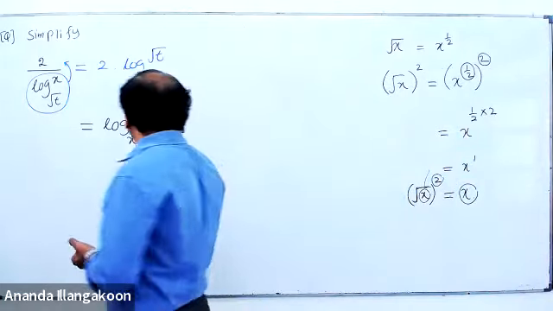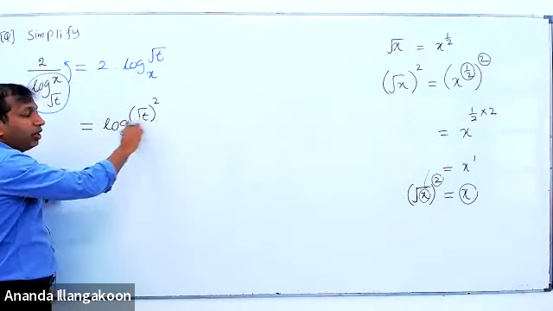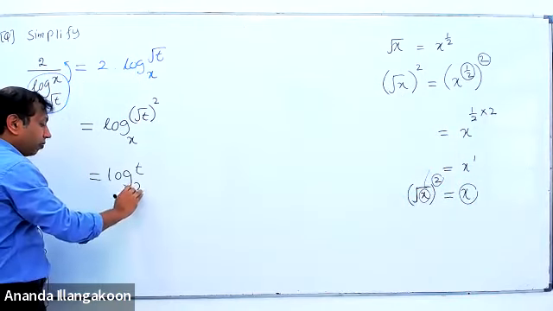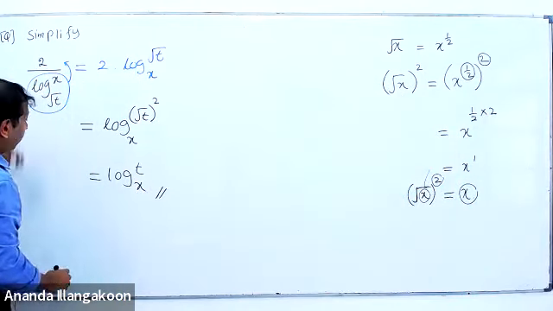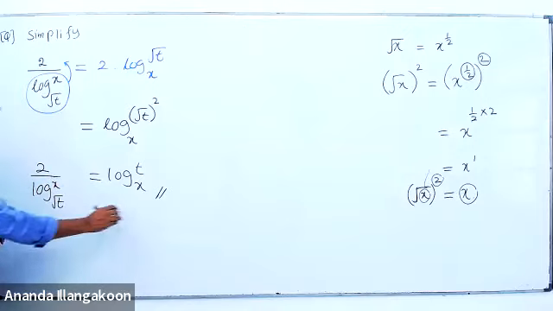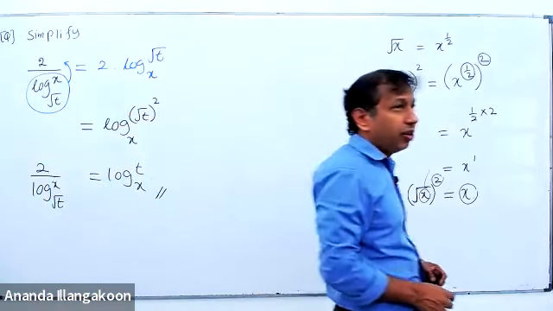Then here, root t squared means this root sign will eliminate, only t we get. Then this answer is going to be log t to the base x. 2 divided by log x base root t means this, people. Understood? Right. That's the fourth law.